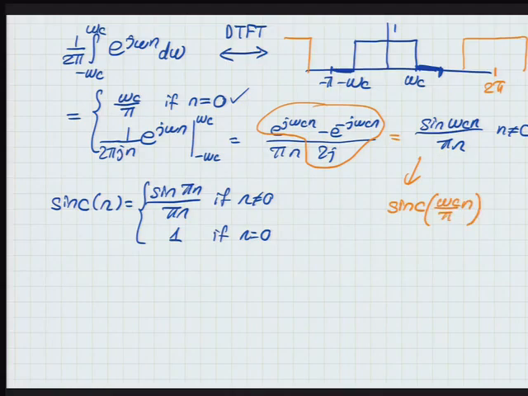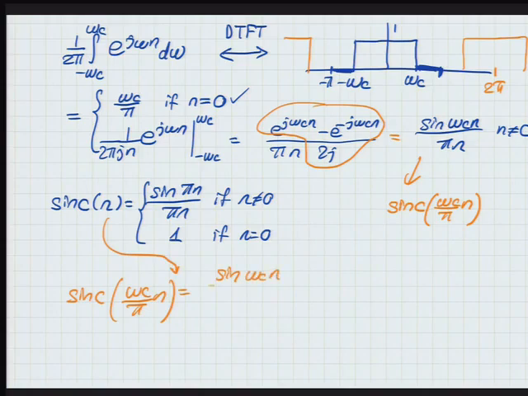It almost works, but it will introduce a coefficient, because sinc of omega c pi by pi n, by definition of sinc, is equal to sine of pi times this, that is omega c n, by omega c n, right?